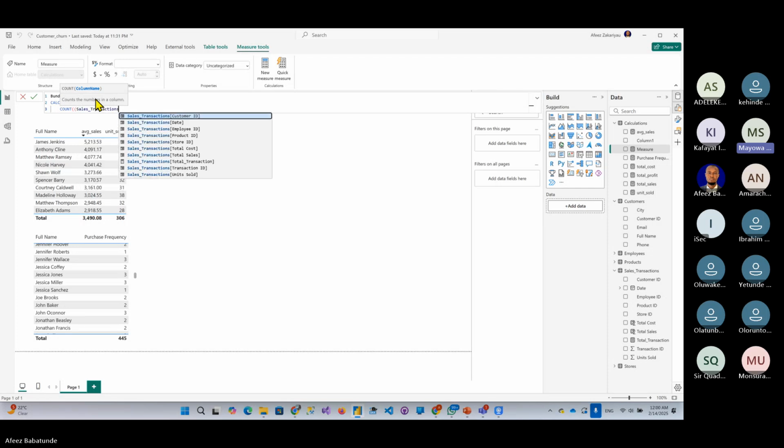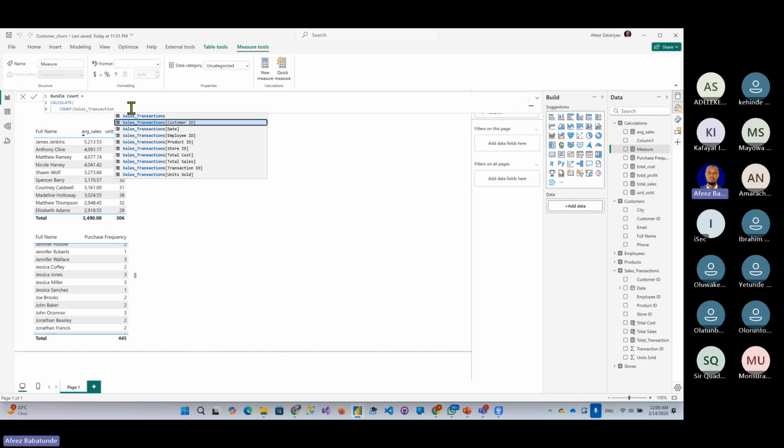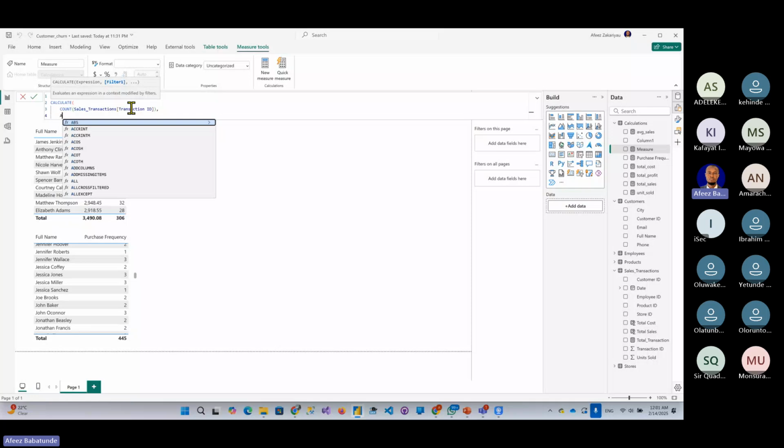Let's assume a product was bought today, and later the customer comes back and gets another product. How can we calculate such a thing? It's not carrying the same transaction ID because the products are not bought at the same time. That means they are not bought together, so you cannot bundle them that way. So you can use ALLEXCEPT.